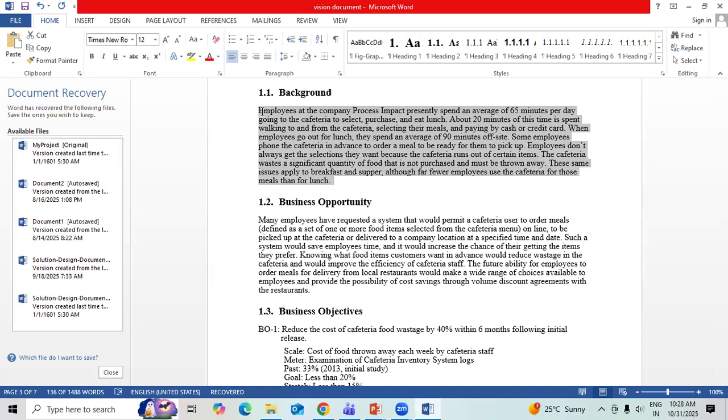People working in any organization have a facility to order the necessary food items from the cafeteria. So the importance as well as the background information has to be presented in 1.1, which is part of the high-level business requirement.